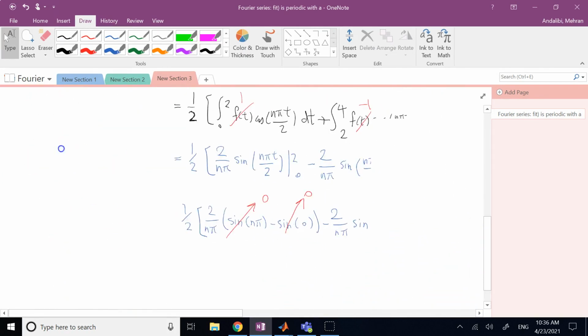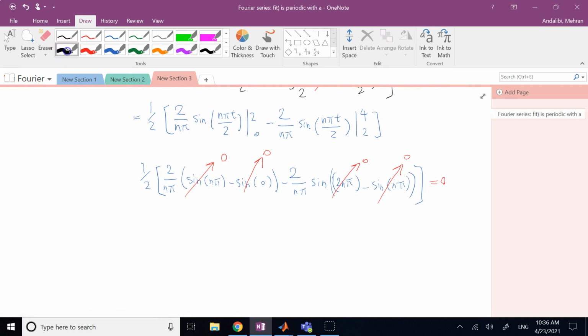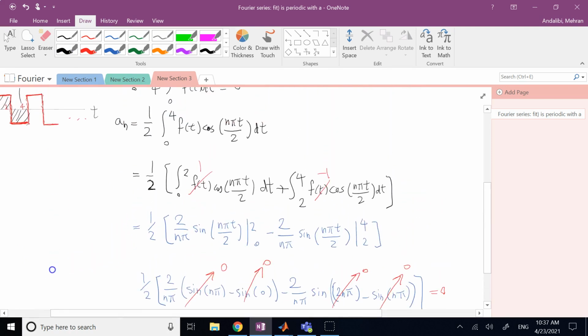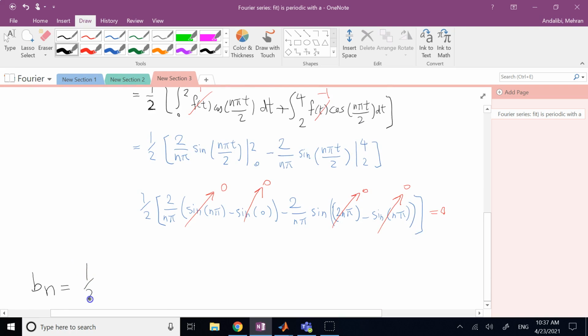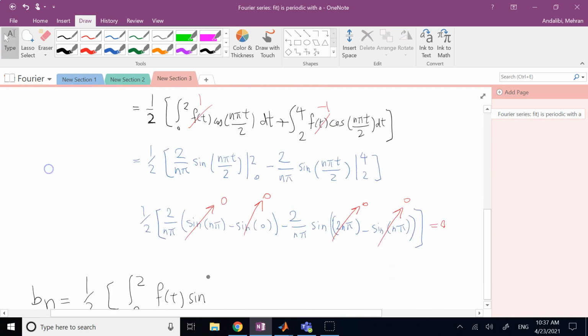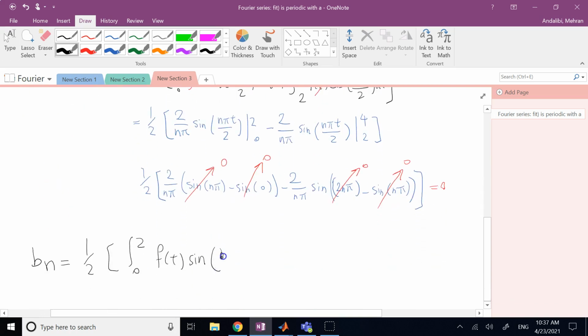What about BN? So for BN, I have to repeat the same thing, but with sine function. And I'm going to write the integral already split in two parts. So it is going to be 1/2 an integral from 0 to 2 of f of t sine of n pi t over 2 dt, and then integral from 2 to 4 of the same thing.